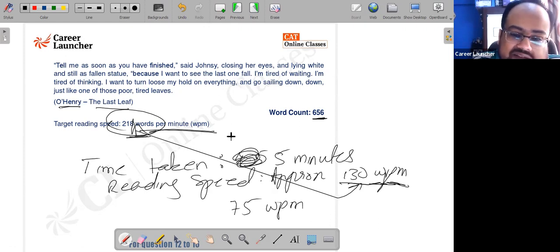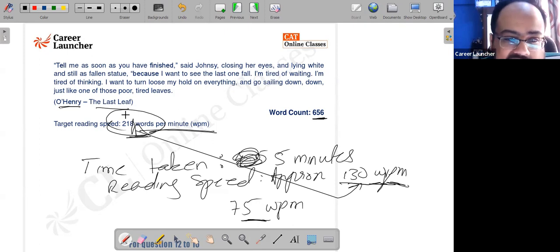If some of you took around 8 to 9 minutes for reading, it doesn't matter. The only thing is you have to be aware that you have to move up from 75 words per minute to 200 words per minute for a passage of this kind. That was the basic purpose of asking you to check how much time you took.